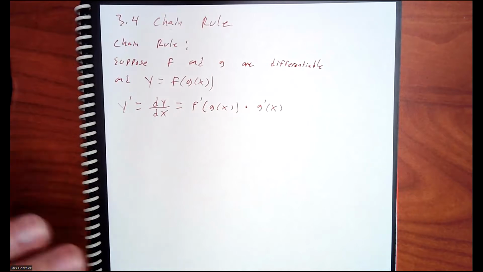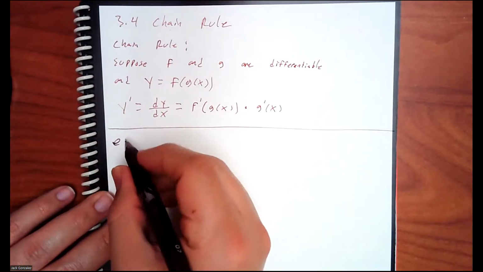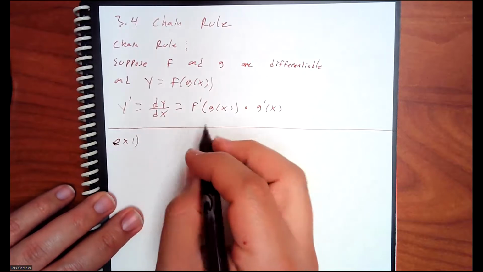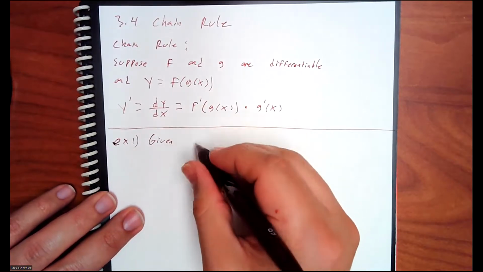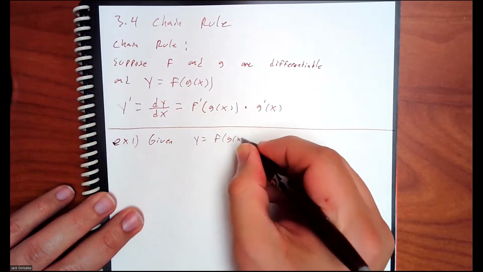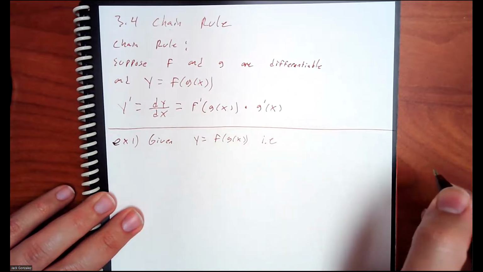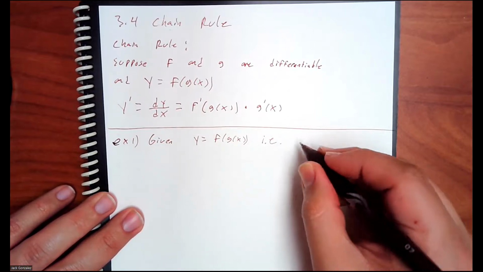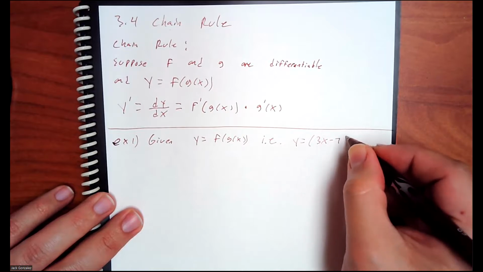So let's pick a simple one. Work our way up to some nonsense. Given y equal to f of g, that is to say, y is equal to 3x minus 7 squared.